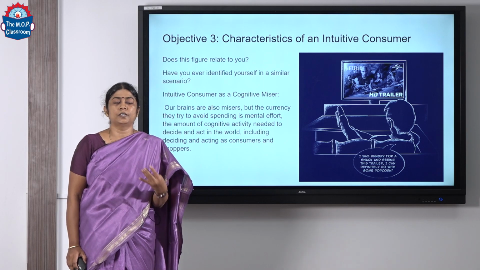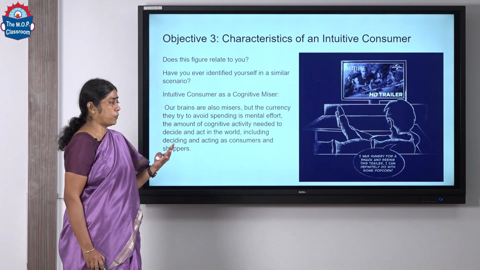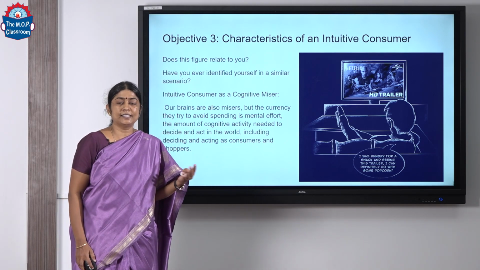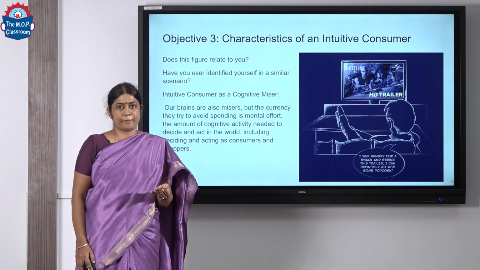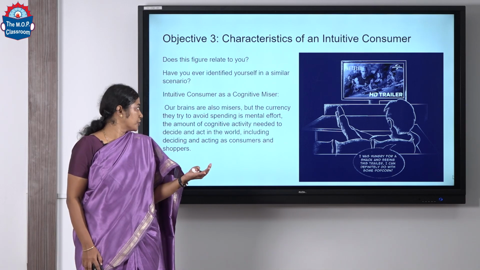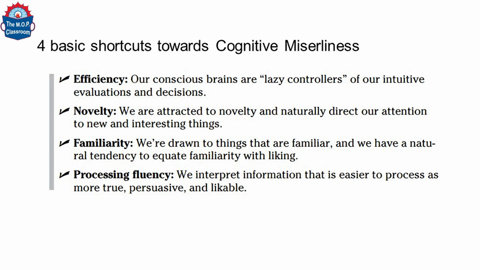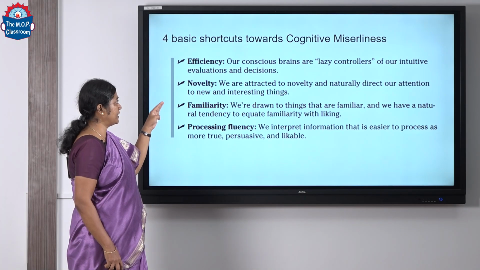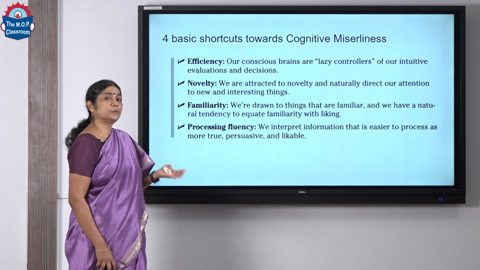He is very spontaneous in making the decision. This is exactly what we mean by priming. He is going for the product unconsciously, and these are the basic shortcuts through which we can understand how cognitive miserliness works.